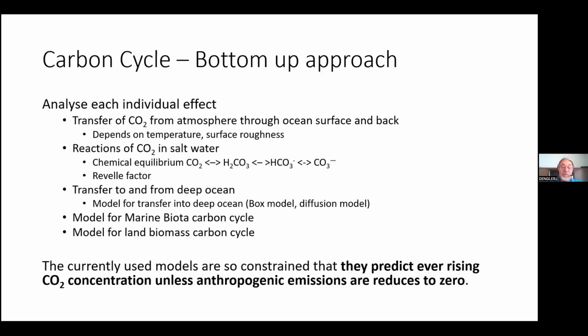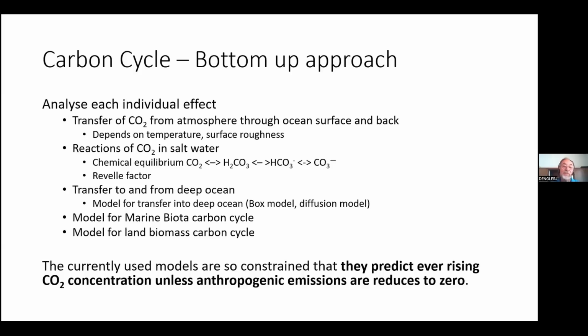We'll talk about what they call the carbon cycle, and essentially there are two approaches to try to understand it. The first approach, what I call the bottom-up approach, or you could also call it the bean counting, is that you try to analyze each individual effect of a complex system and put together all those elements and see what comes out.